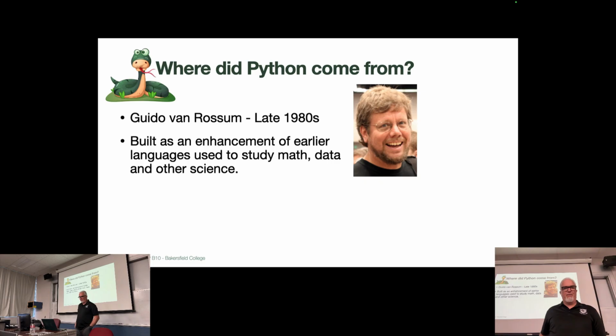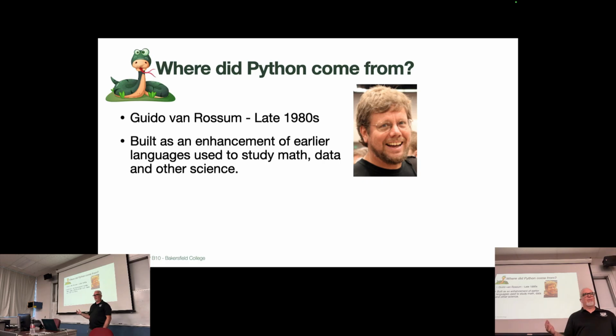This guy here, Guido van Rossum, that is actually his name, built this because the languages that he was using for his scientific research weren't doing everything he needed them to. And a lot of early developments in programming were this sort of, I have this need for something else, so I'm going to create a programming language to help me do that other thing.